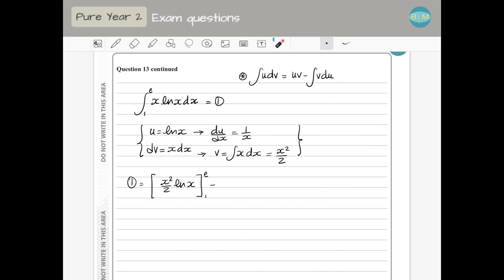So v is x squared divided by 2, and du is this one. So I have minus integral between 1 and e. I can get these two outside of the integral, so I can write 1/2 outside, so we don't get confused with the coefficients. And then I have x squared times du, which is 1 over x dx. This one cancels.